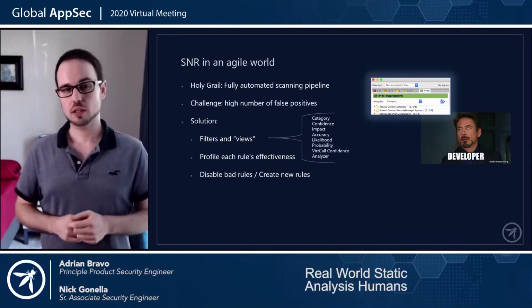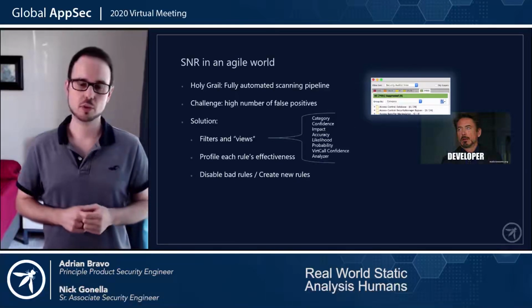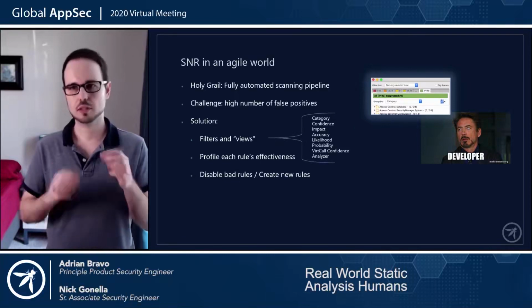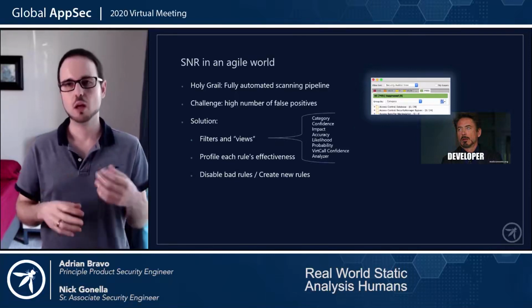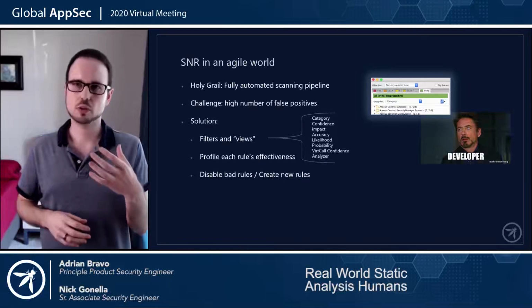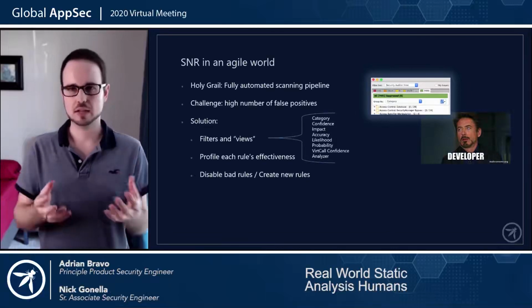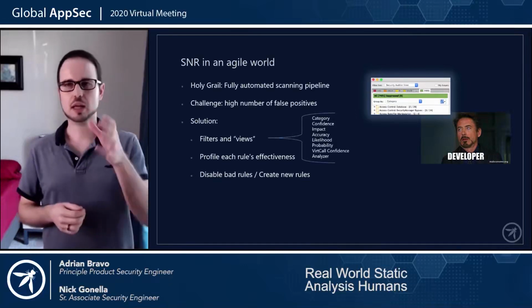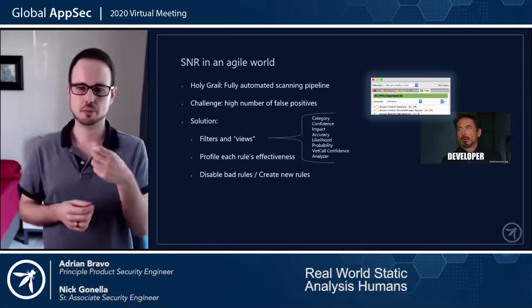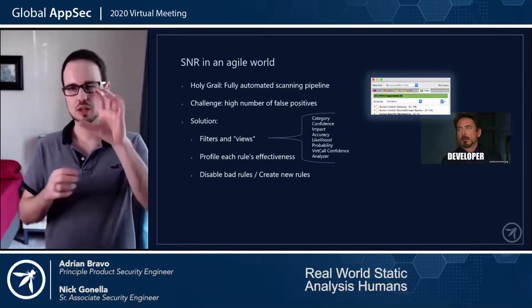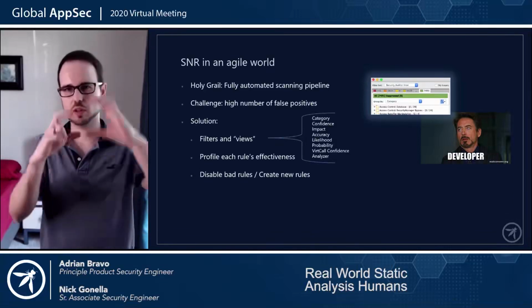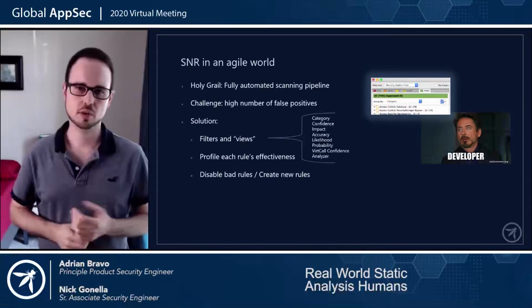And the last one to use for filtering and views, but probably the most important one, is the analyzer. Now, this is not a talk about how static analysis works, but most of these tools will come with a different set of analyzers. They will come with something like a semantic or a structural analyzer, right? Which is basically like grep. You can think about it like grep or like a structural match in the structure of the code, and they will use that to report certain vulnerabilities.